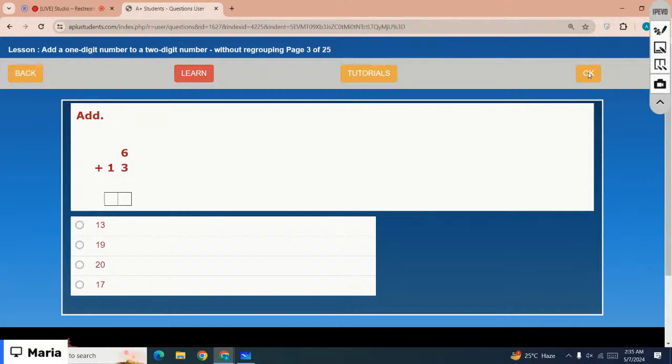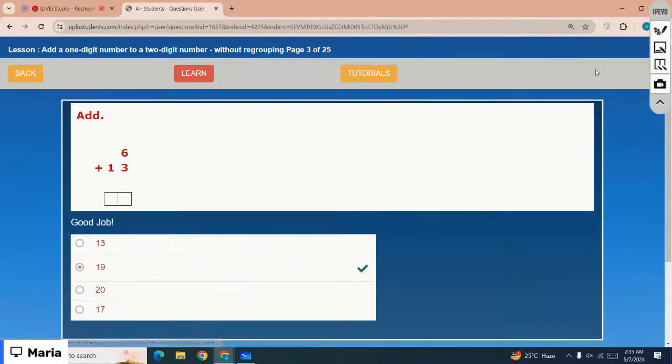The correct option is yes, 19. 13 plus 6 is 19.